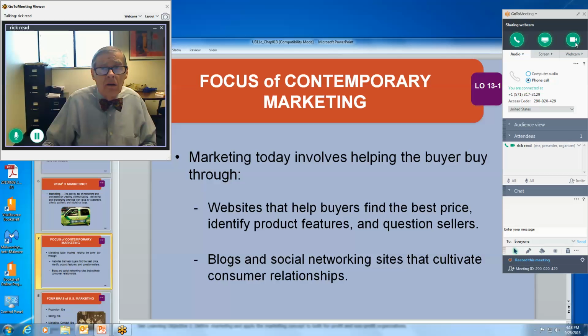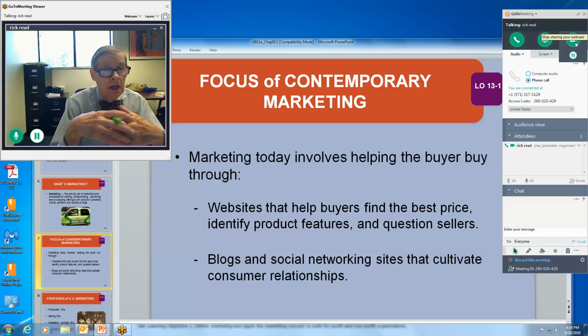Now, here, this gives us some information, and we're going to talk about the different eras of marketing. We're helping buyers buy through the use of the internet, where people can almost instantaneously, and I use that term almost because it's not exactly instantaneous, but it's very close to it, compare prices.